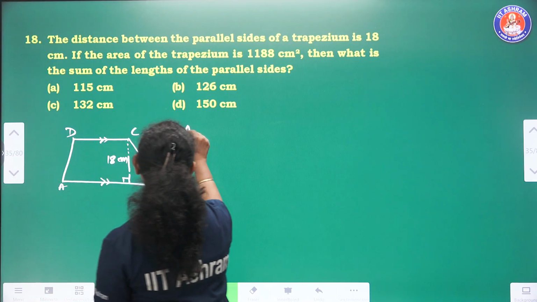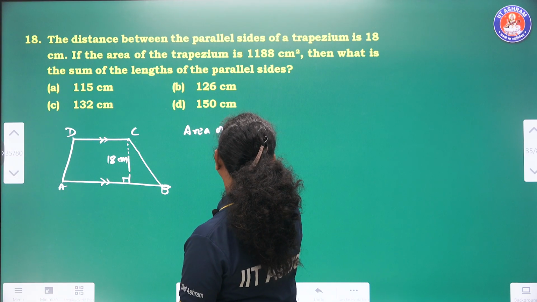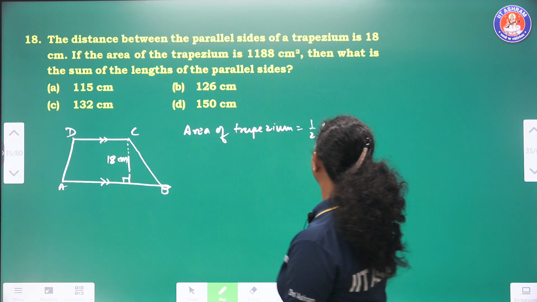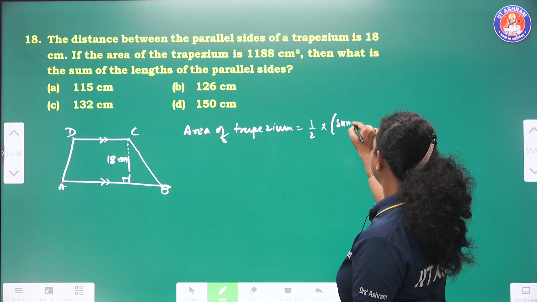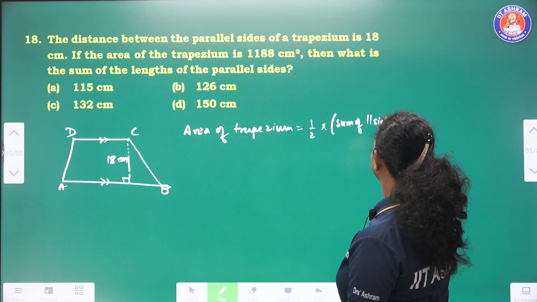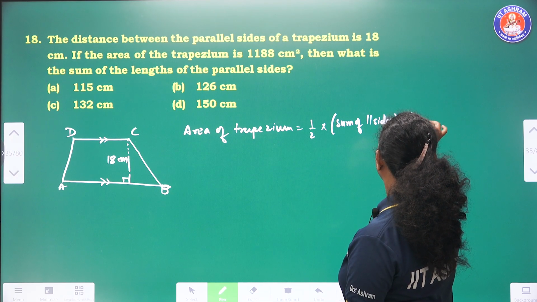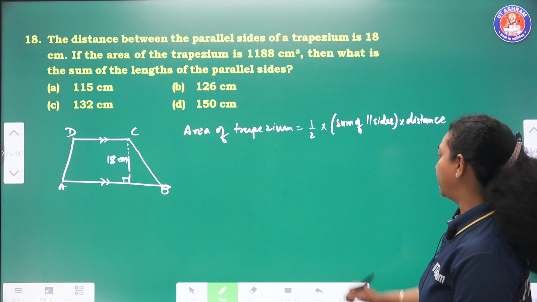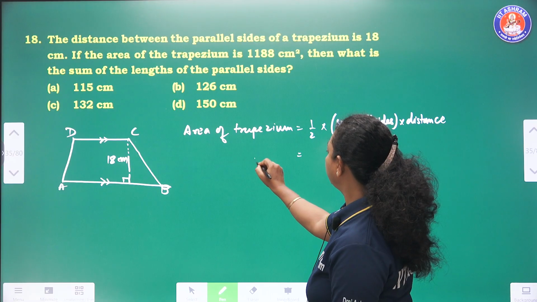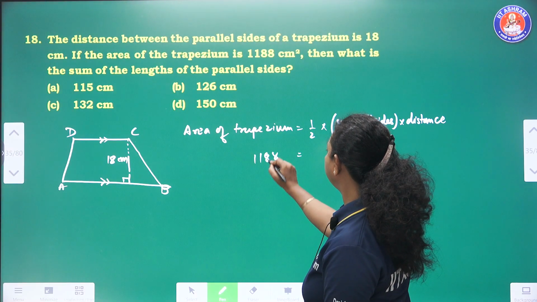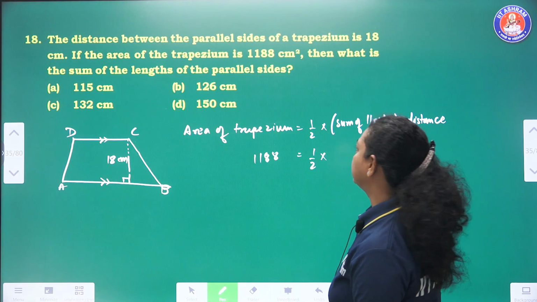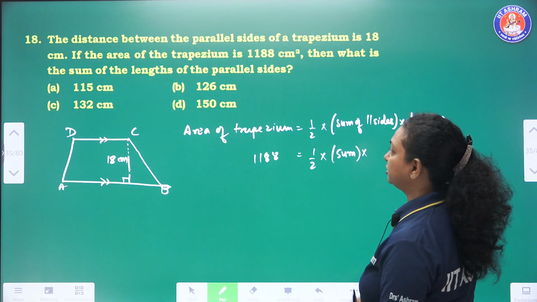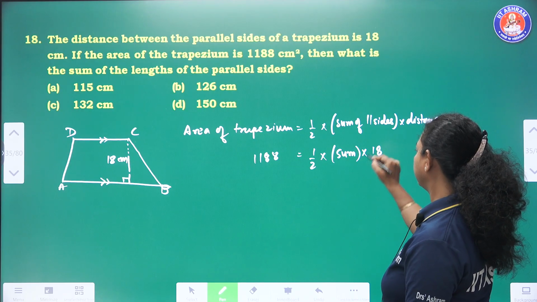So as we know that area of trapezium is equal to 1 by 2 into sum of parallel sides into distance between the parallel sides. So area is given to us as 1188 centimeter square, and the sum of parallel sides we have to find, and the distance between the parallel sides is given, that is 18.